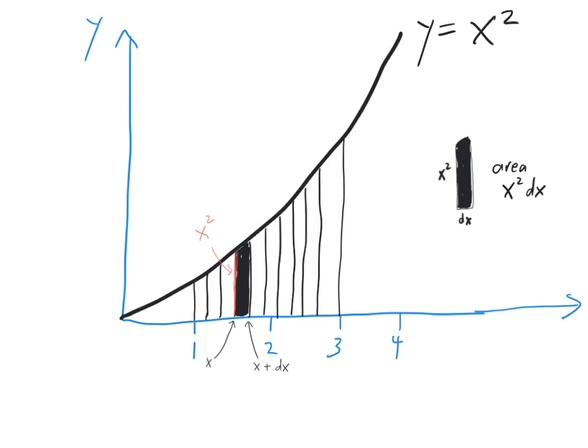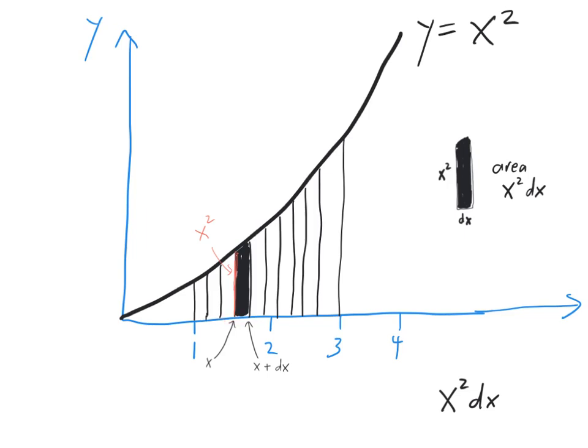Okay, but I want to go through all these rectangles and add up their areas. So the basic idea is that x squared dx represents the area of a rectangle located at position x.